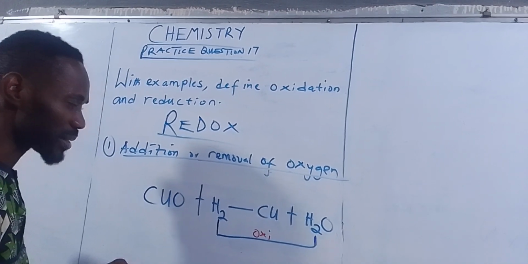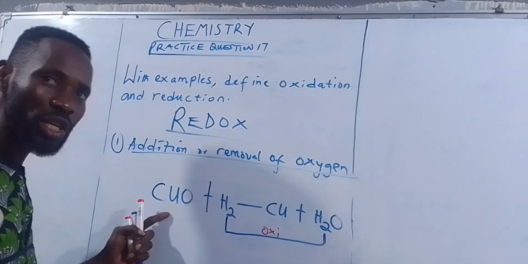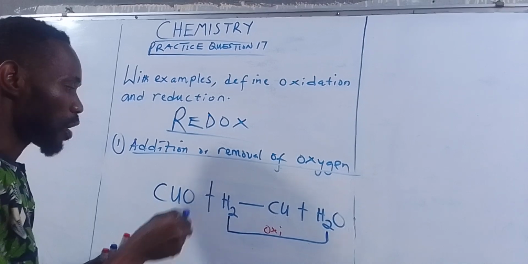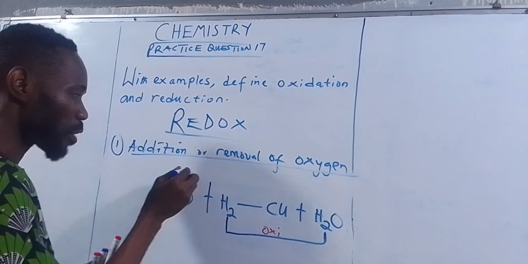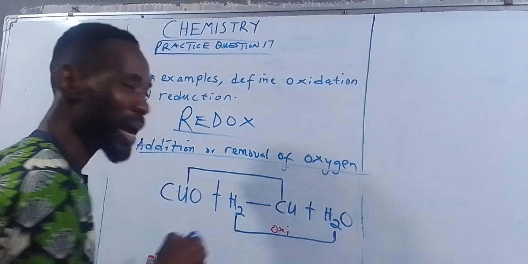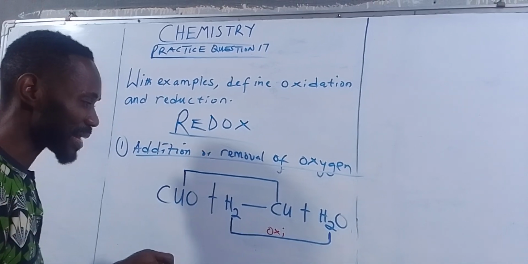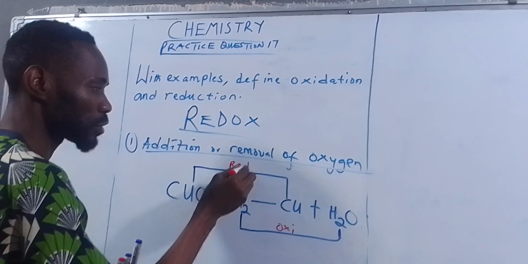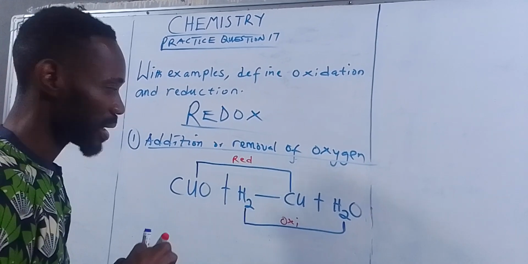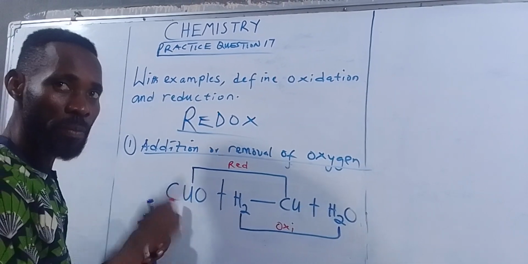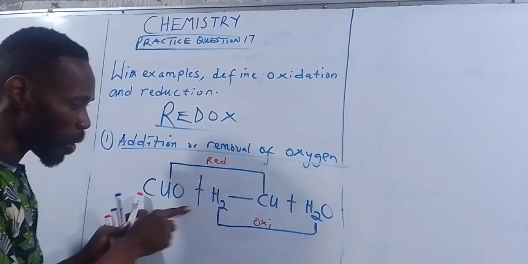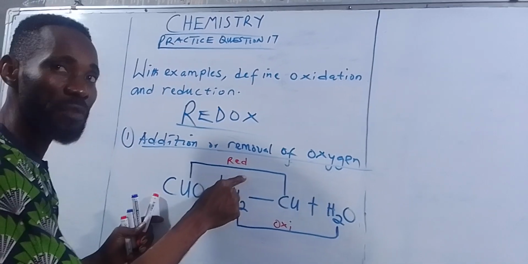On the other hand, removal of oxygen from an oxygen-containing substance is called reduction. Oxygen has been removed from copper 2 oxide to form copper. So we say that the copper 2 oxide has undergone the process of reduction. Remember, reduction occurs because of the presence of hydrogen. So without hydrogen, copper 2 oxide wouldn't have undergone the process of reduction.